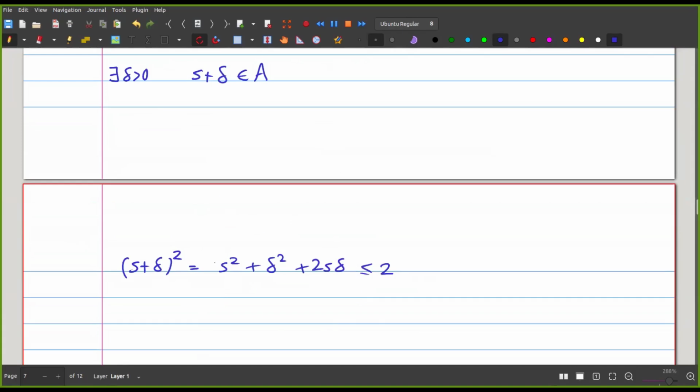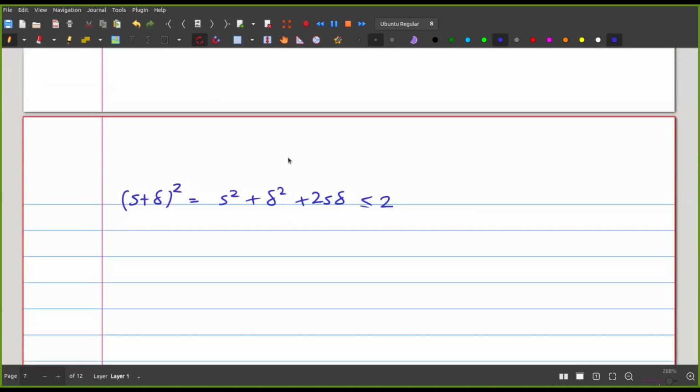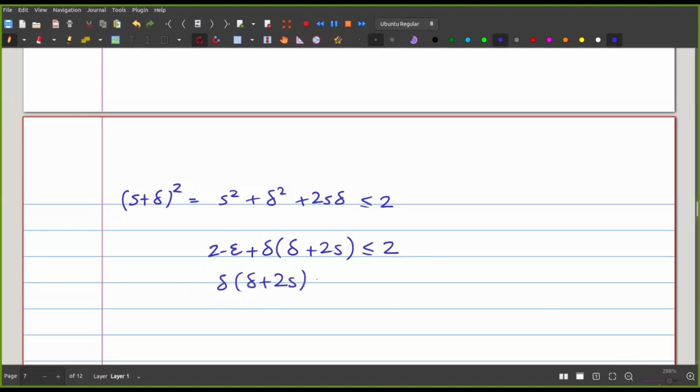Okay, so I know that S squared is 2 minus epsilon. So I want to have 2 minus epsilon plus delta squared plus 2S delta. I'm just going to factor a delta out. So delta times (delta plus 2S) is less than or equal to 2. Cancel the 2's, move the epsilon to the other side. You will get that delta times (delta plus 2S) should be less than or equal to epsilon.